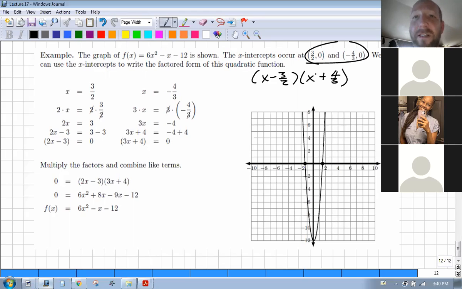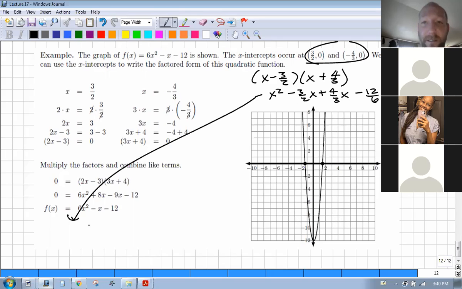But if you multiplied this out, we would get x squared minus 3/2 x plus 4/3 x minus 12/6. And if we simplify this, x squared, let's see, if we multiply 3/2 by 3/3, it would be 9/6.